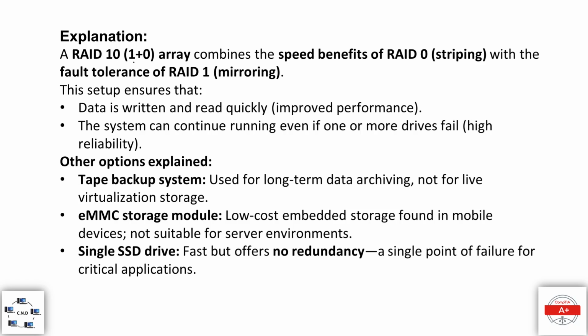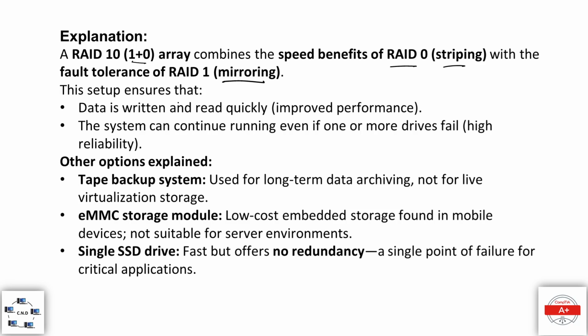RAID 10, that is 1 plus 0, combines the benefits of RAID 0, which is striping, with the fault tolerance of RAID 1, that is mirroring. With striping, data is divided across two disks, which gives us performance because data can be read and written to the two disks simultaneously, while RAID 1 gives us mirroring, which is redundancy, meaning the same data is written to two drives, and if one fails, the data is still available on the redundant drive.